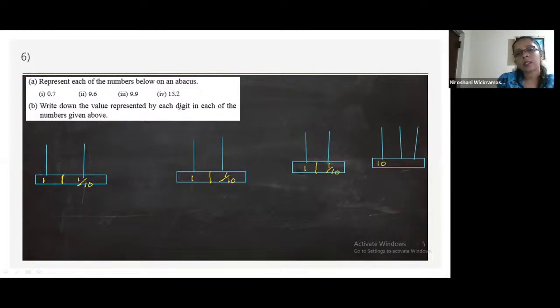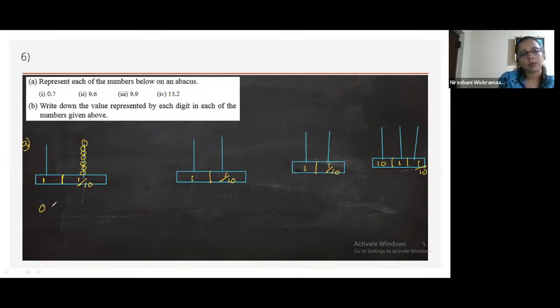Now represent. Here at the unit place, no number. At the 10th place, 7 balls. 1, 2, 3, 4, 5, 6, 7. So 0.7.